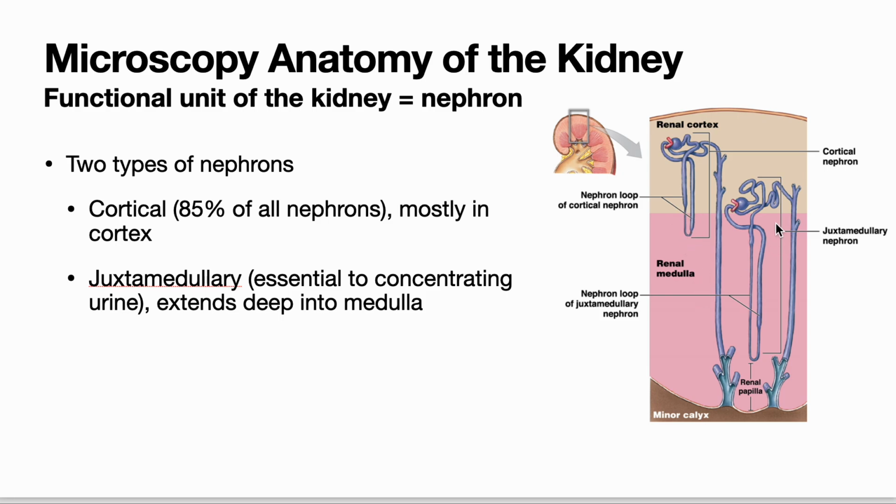But with the juxtamedullary nephrons, only a small portion is located in the cortex, and the overwhelming majority of the loop is in the medulla, and that's why we call it a juxtamedullary nephron. No matter which type of nephron it is, they both drain to collecting ducts, and those collecting ducts will ultimately drain what will be urine at that point into the minor calyx.